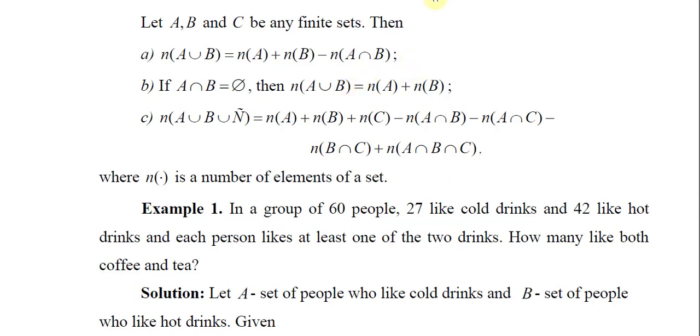For example, if you write here a set A as 2, 5, and 7, then n A is 3 because we have 3 elements. Similarly, we can find any other B set.